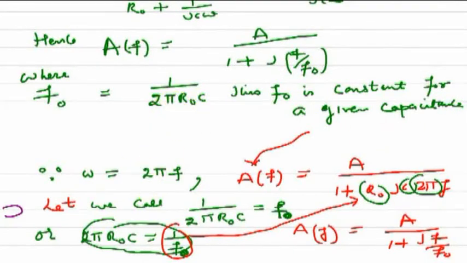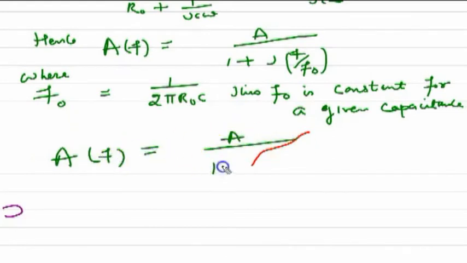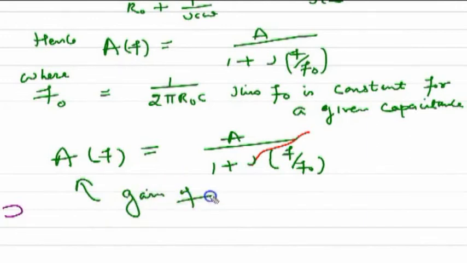Now the gain which we are getting, which is a function of frequency, is equal to A upon 1 plus j F upon F naught. This function implies that with increasing F, A decreases, because F is in the denominator. So this A F means gain of the operational amplifier, which is a function of the frequency.